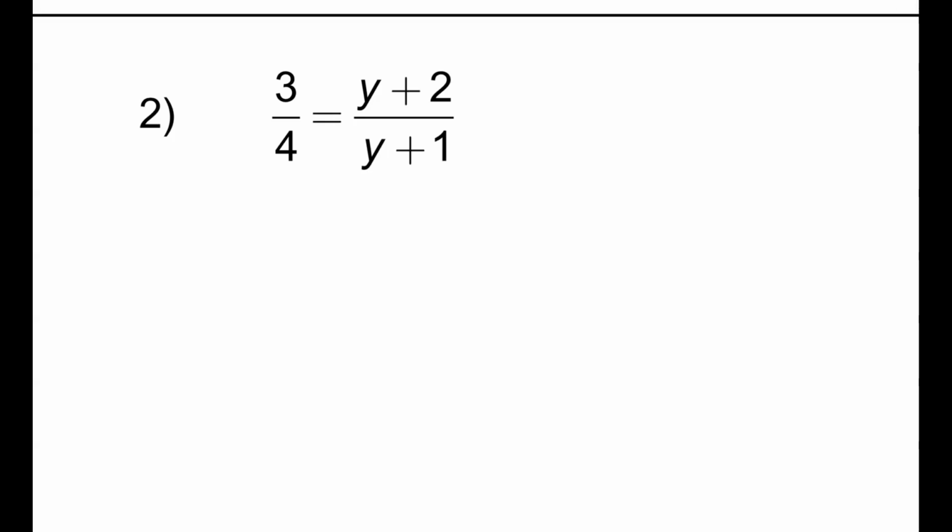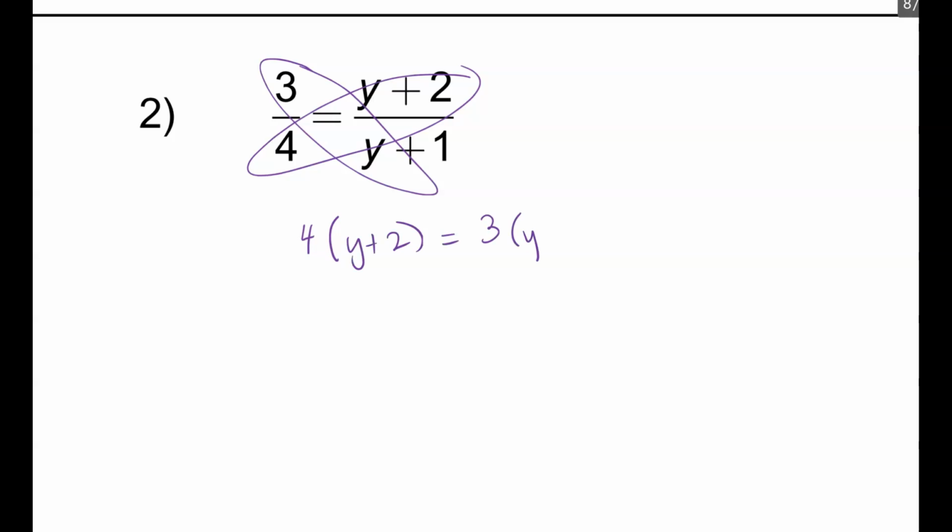All right, keep cross multiplying. It's helpful if you use parentheses. So for instance, we have 4 times (y plus 2) should equal 3 times (y plus 1). Because I use parentheses, now it's very clear that I can distribute to both terms. If you didn't do that, you're not going to come up with the right answer.